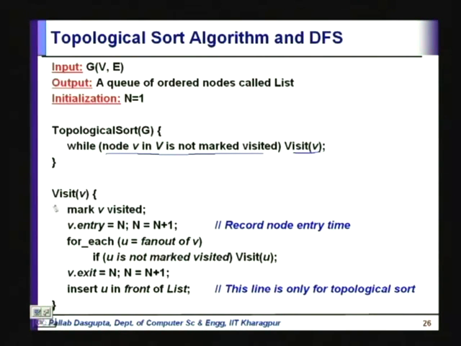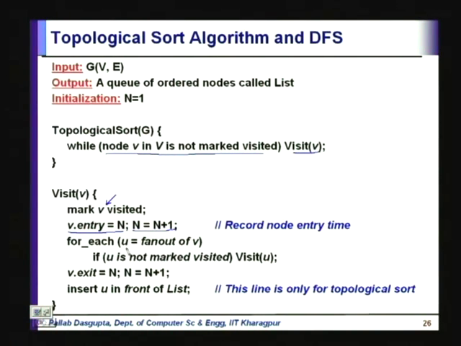So, what does the visit function do? It first marks V as visited, which is the standard thing that we do in depth first traversal. First mark the node visited, and then we give the entry label of that node as the current value of the time. So, n is the time stamp that we are using, and every time we give the stamp, we increment the stamp.